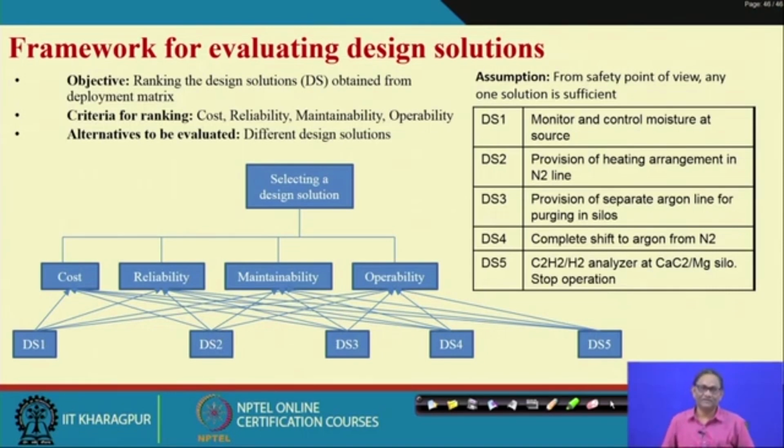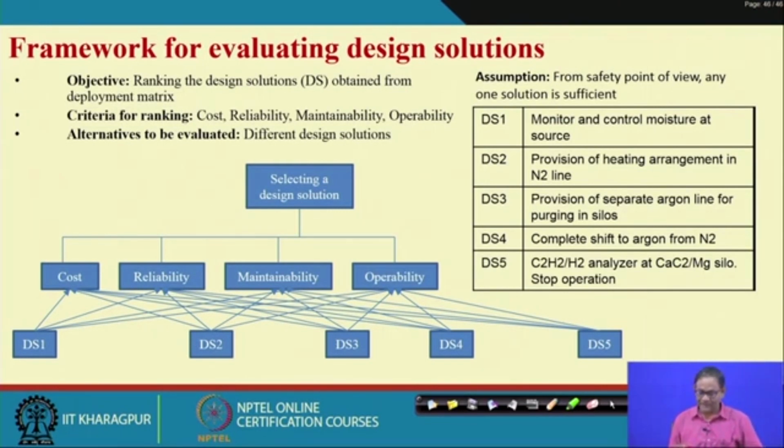There could be better design solutions, but as we discussed in our last class, there can be alternative approaches; nevertheless, the approach was to help you find some design solutions.